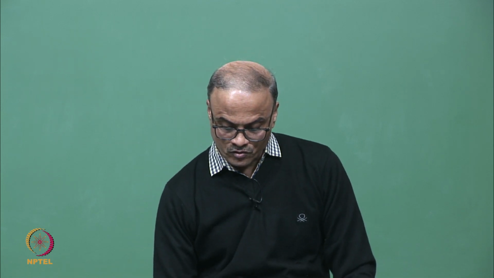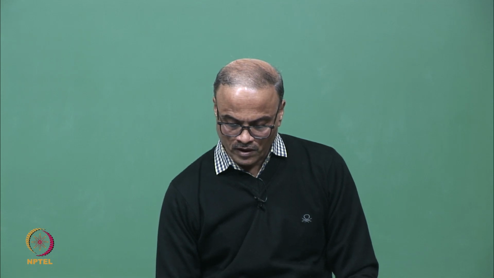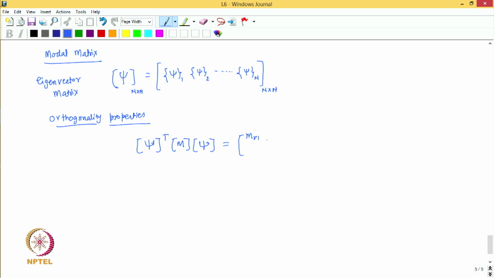So, this matrix is going to have MR1, that is the first modal mass, then MR2 and MRN. Okay. And then the off diagonal elements are going to be 0 like this. So, we can simply say that it is a diagonal matrix of modal masses.